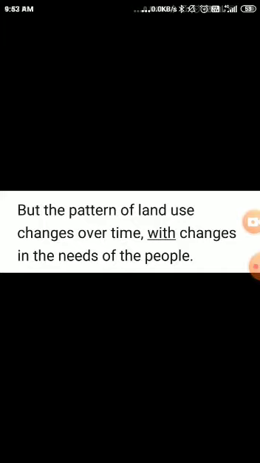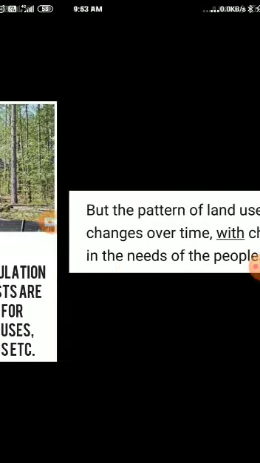However, the pattern of land use changes over the period of time. Do you know why this pattern gets changed? Because the needs of the people are changing. Now let's see what are these different needs of the people.